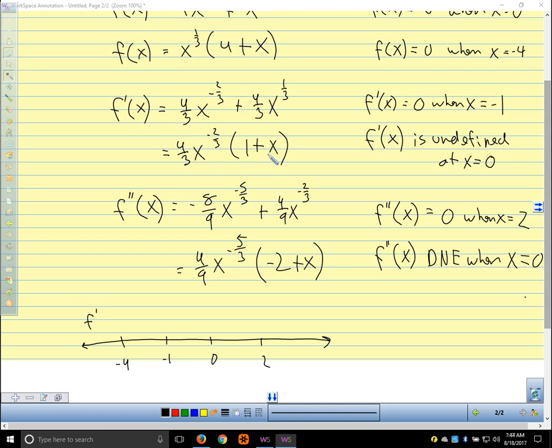When x is -5, this is going to be negative, right? And this is going to be negative. Is it positive? Yeah, it's positive. You could take a cube root, so yeah, it's positive.